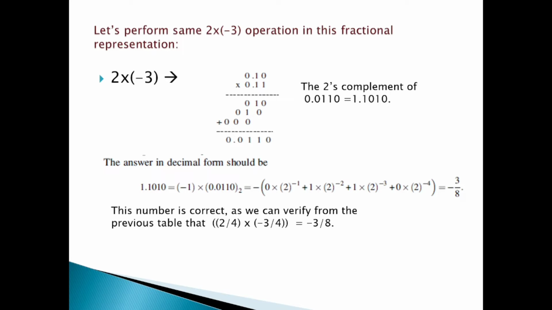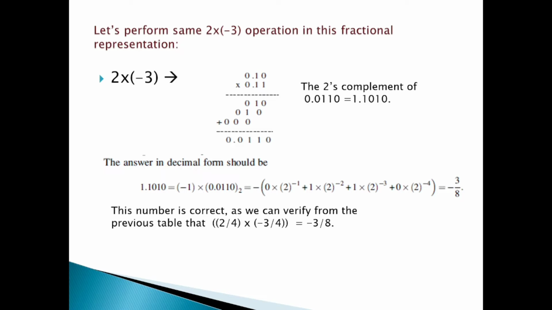Let us see how the overflow problem is resolved here. Consider the same 2 into -3 example as previously. We can write it as 0.10 into 0.11 and the product is 0.0110, whose 2's complement yields 1.1010. Let us convert this 1.1010 into decimal form to verify whether the answer is correct or not.